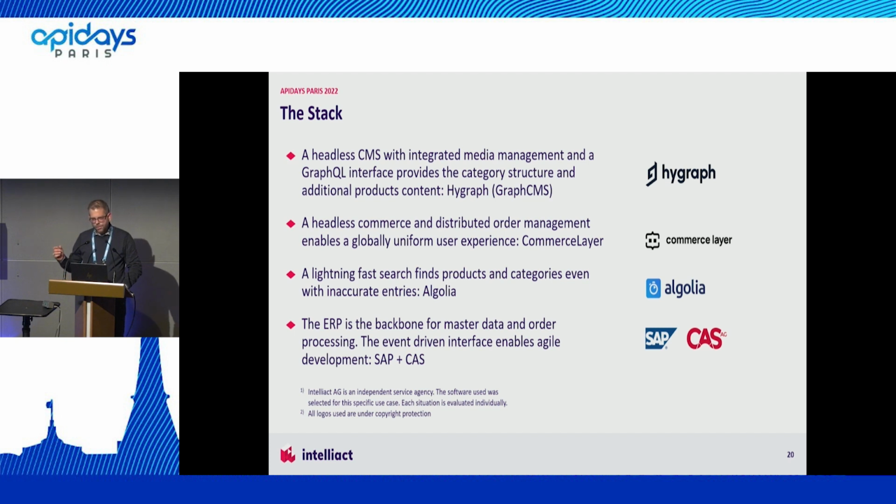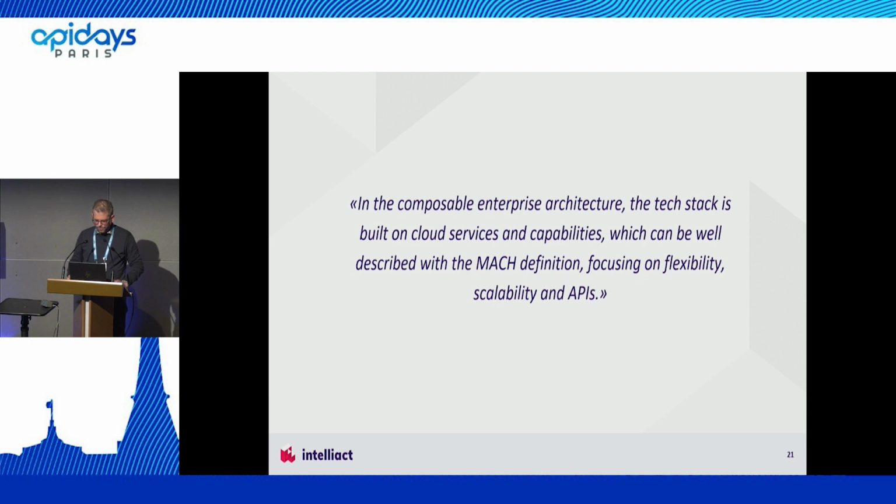As the content management system, we are using Hygraph, which provides a GraphQL interface, which is the core of this application when it comes to content delivery and content modeling. We used Commerce Layer for the order management, Algolia for the search, and SAP and an SAP connector for the enterprise backend, which was already in place.